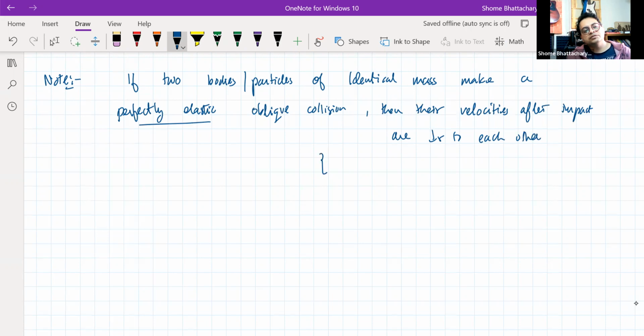But this is in the situation where the first body impacts the second one at rest.